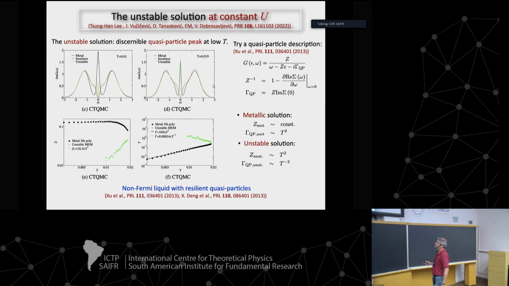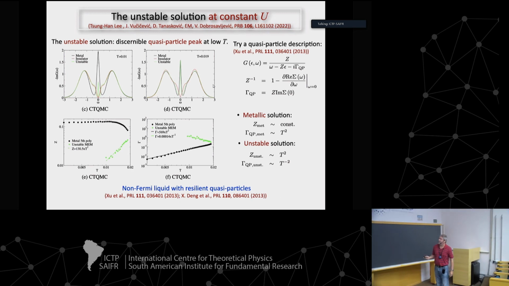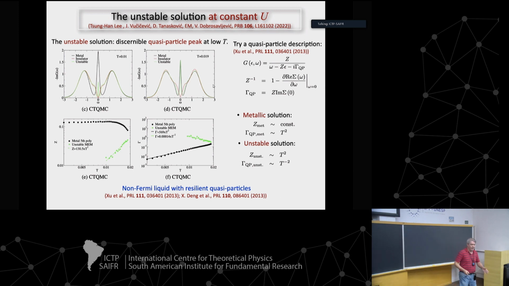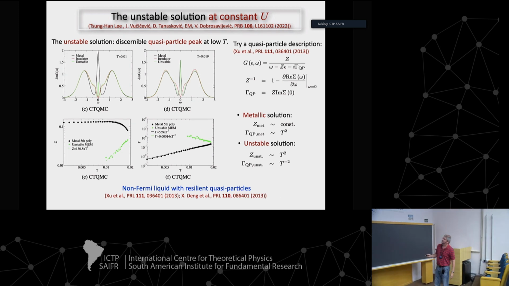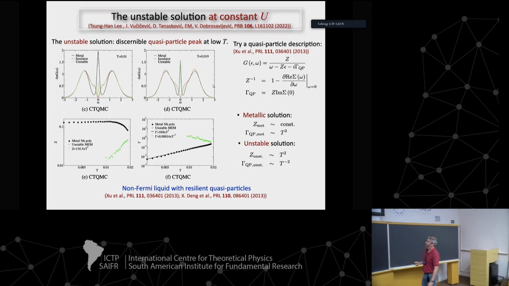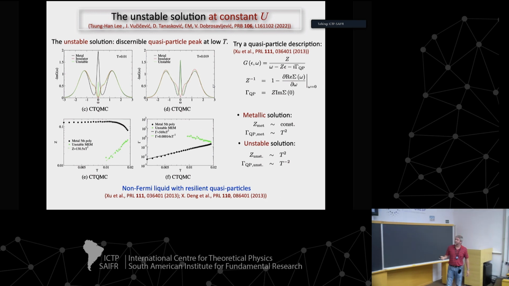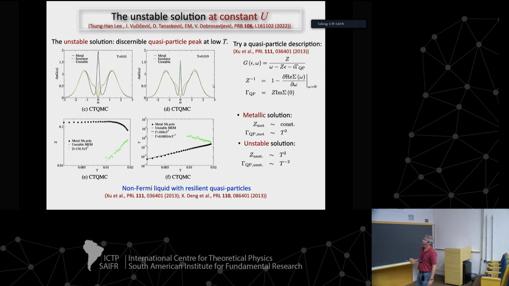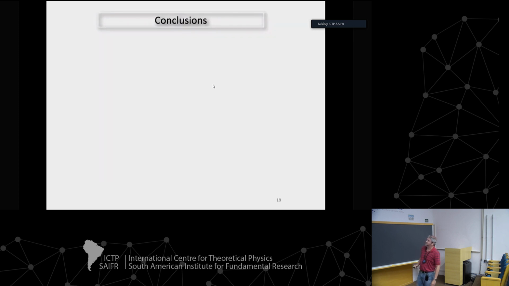This is reminiscent of previous work that characterized the Hubbard model in the metallic region as a function of temperature, which was called in those papers a resilient quasi-particle description. Certainly not the behavior you would expect in a Fermi liquid, but I remind you that in that study the behavior is not as dramatic as seen here, where Z goes to 0 and gamma diverges as a function of temperature.